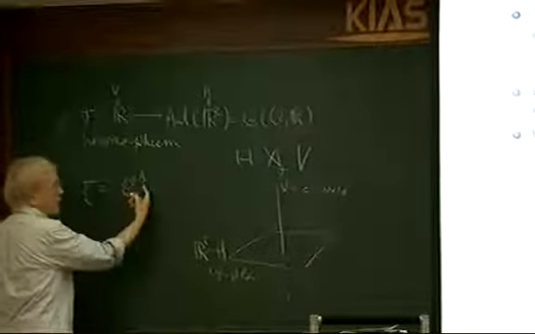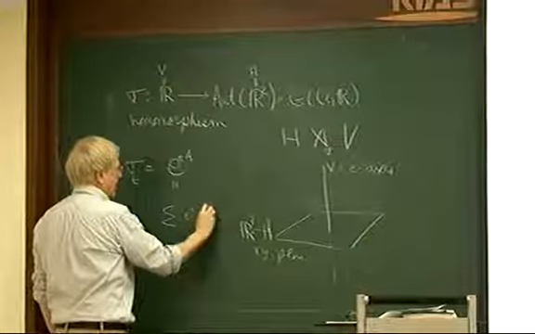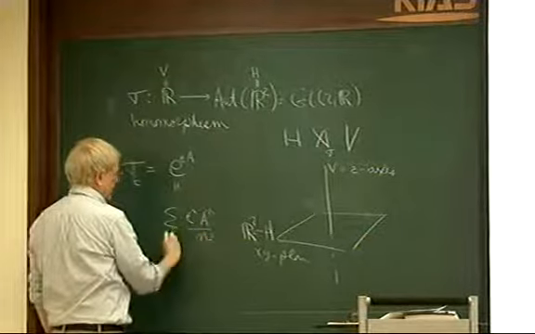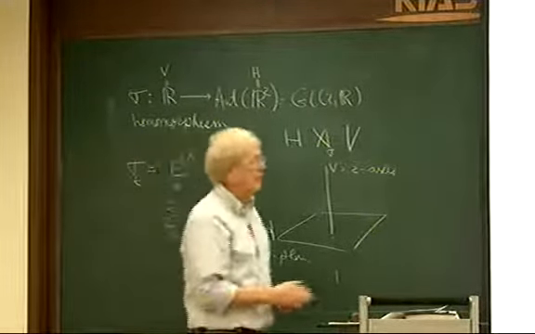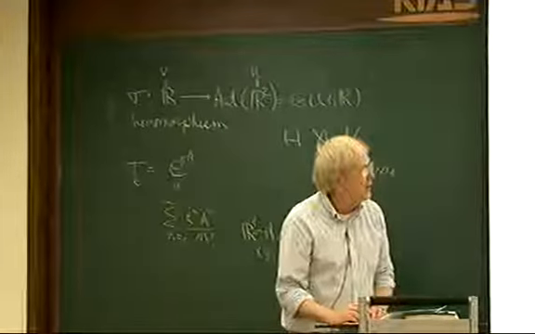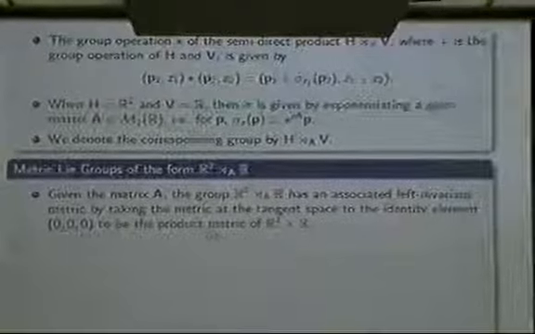Okay, so in other words, this just means the summation of t to the n, A to the n over n factorial. So you just use your usual summation of exponential notation. So we're going to use this notation here. So in other words, instead of writing sigma, we're going to write an A, which determines what sigma is. Okay, so just some simple examples.